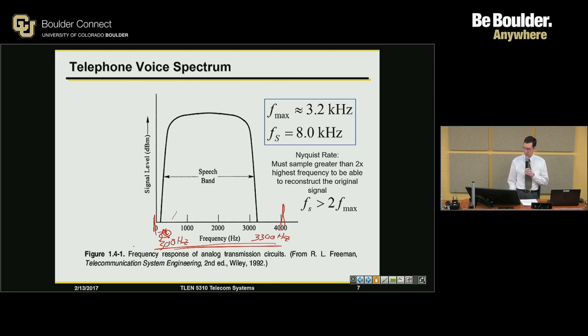So if my highest component here for voice happens to be this 3,300 hertz, then I have to sample at least 6,600 samples per second. And lo and behold, the telephone network samples at 8 kilohertz, so that's above the minimum.